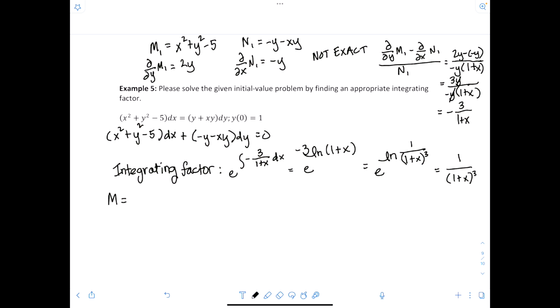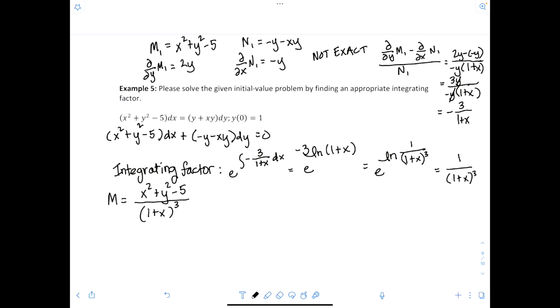So our new m will be x squared plus y squared minus 5 over 1 plus x cubed, because if you multiply by 1 over 1 plus x cubed, you get that for m.